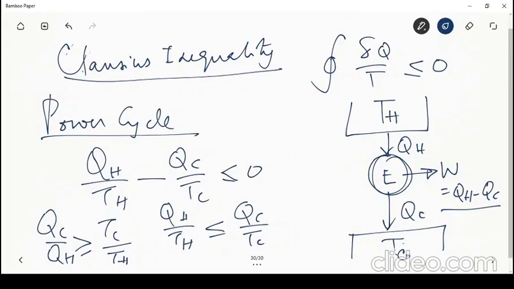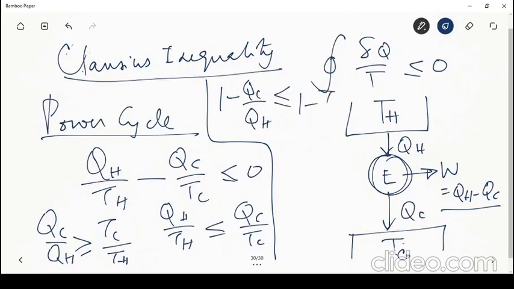And if I write this in terms of efficiencies, it is 1 minus QC by QH, which is the efficiency of the actual cycle, because QH and QC are actually happening there, and 1 minus TC by TH is the efficiency of a Carnot cycle. Because of the negative sign, the inequality will get reversed. So 1 minus QC by QH is less than or equal to 1 minus TC by TH.